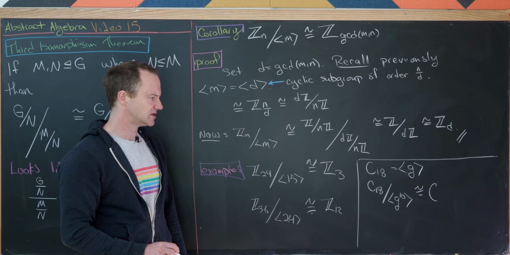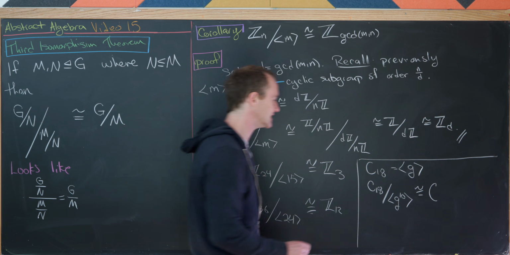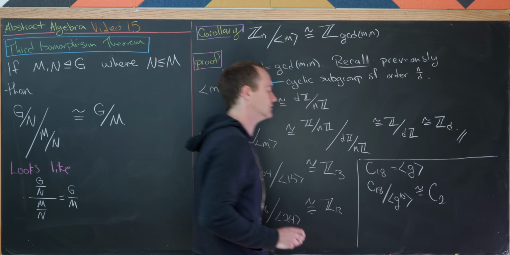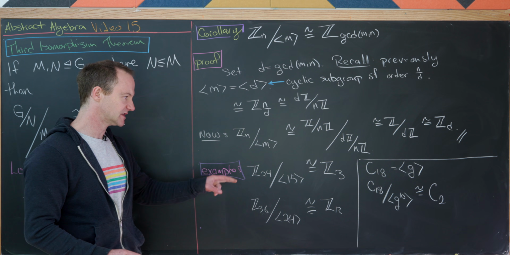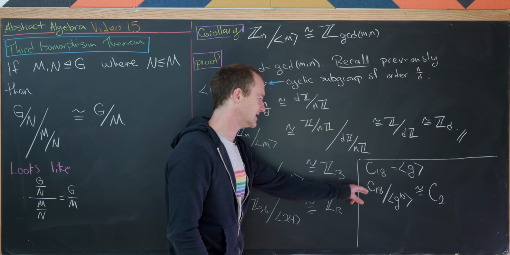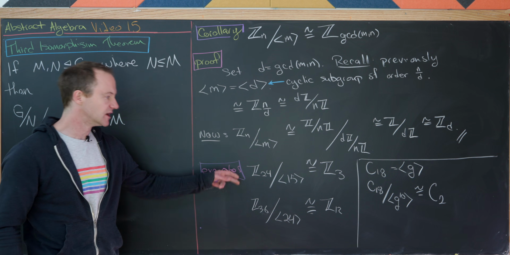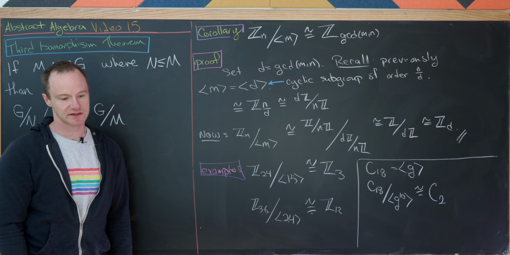But what's the GCD of 18 with 10? Well, that is 2, so we should get C2. Okay, so if you want to use additive notation, you have something like this. If you want to use multiplicative notation, then it's essentially the same thing. You just push things up into exponents.